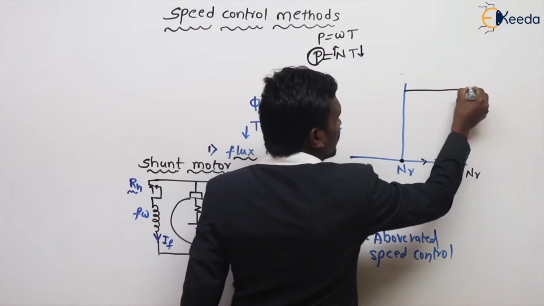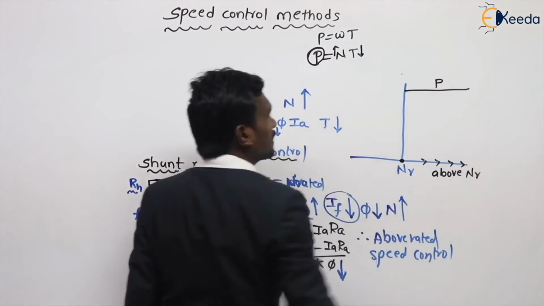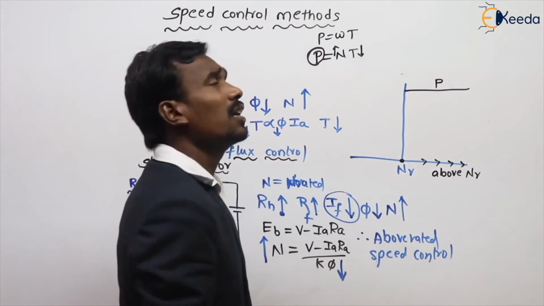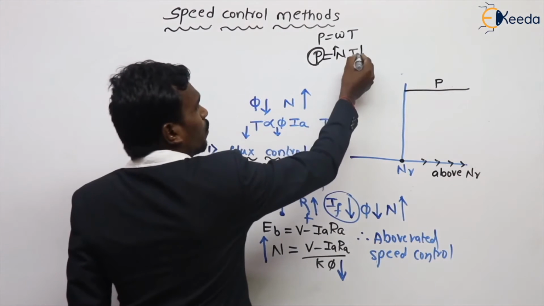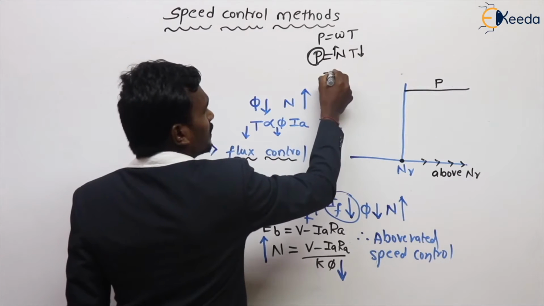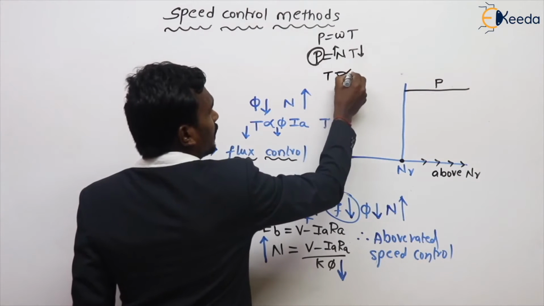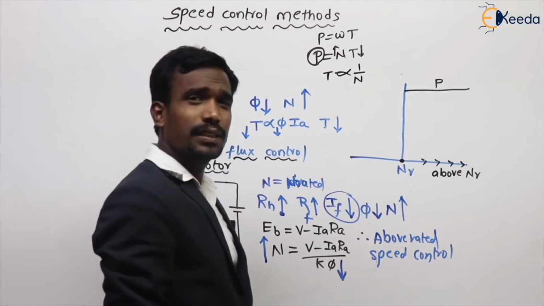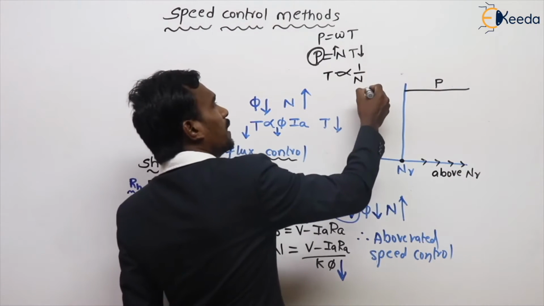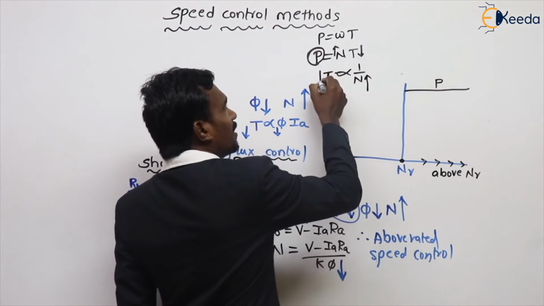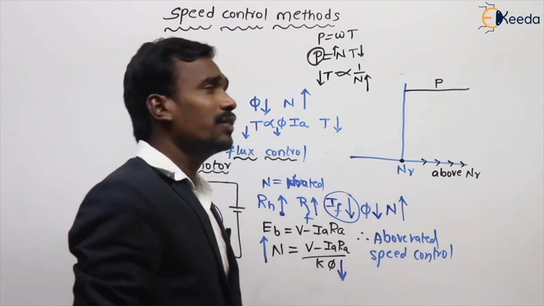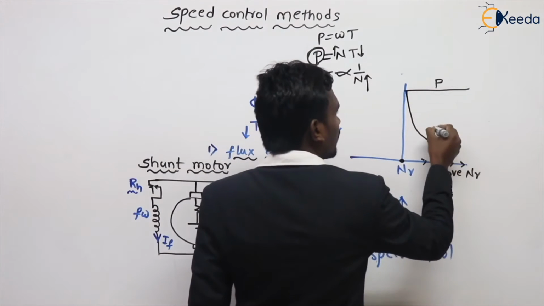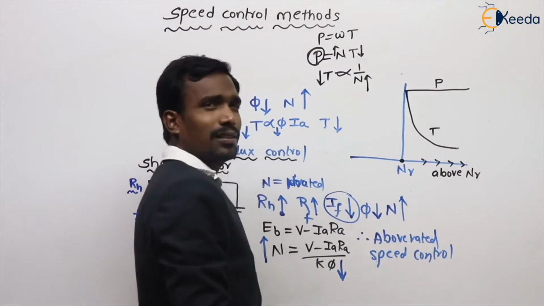In this condition, the power is exactly constant, even though speed increases or decreases. But here, see, what is the relation between torque and speed? Torque T is inversely proportional to speed. When the speed increases, then the torque reduces, inversely proportional, nothing but this is a rectangular hyperbola.